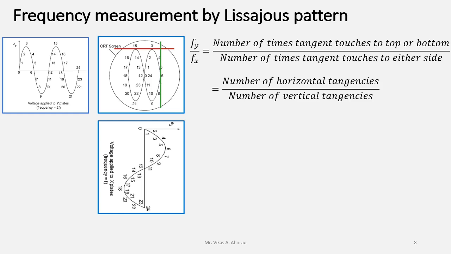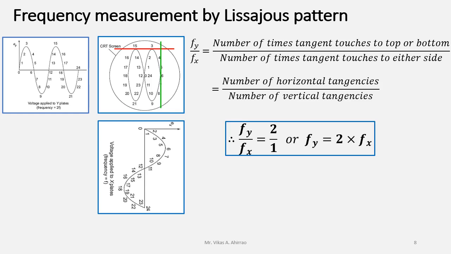But the vertical tangent touches the Lissajous pattern only once, and hence we may write Fy upon Fx is equal to 2 by 1, or Fy is 2 times Fx. In this way, by obtaining the stationary Lissajous pattern, you can easily measure the unknown frequency.